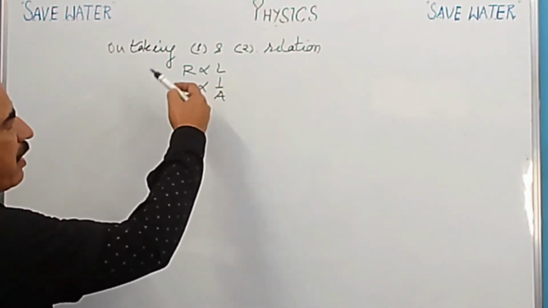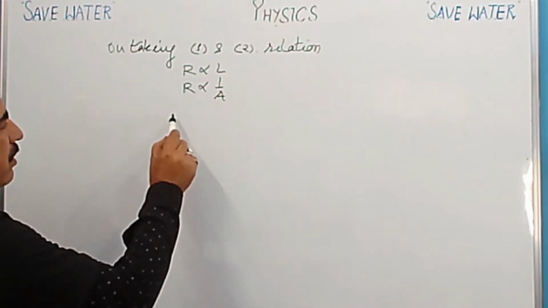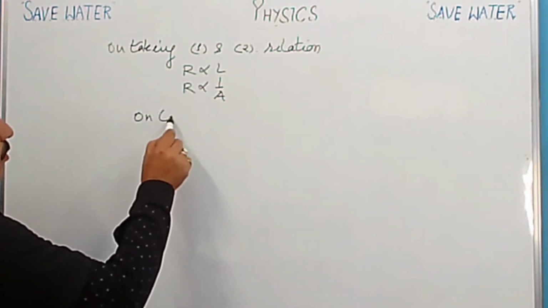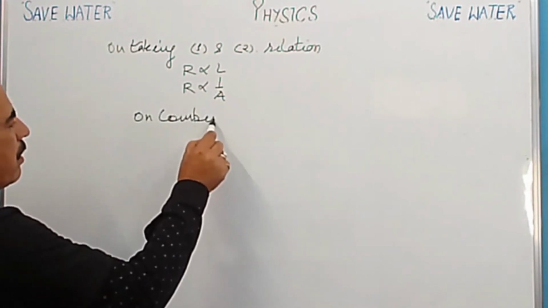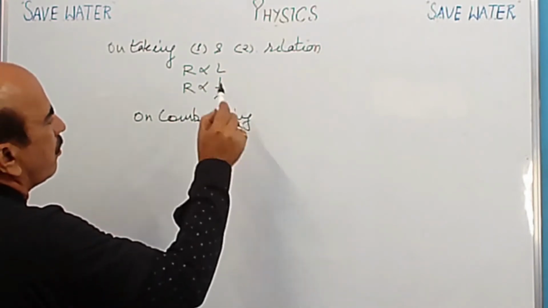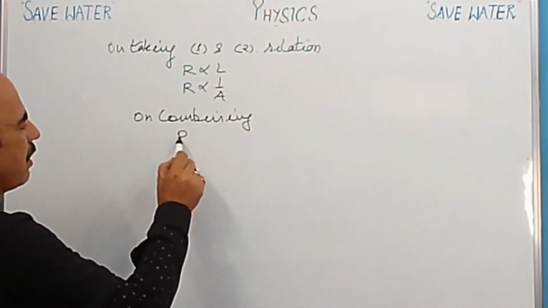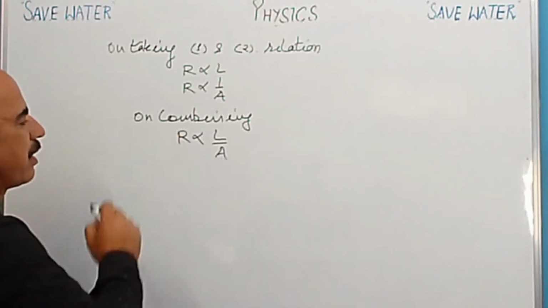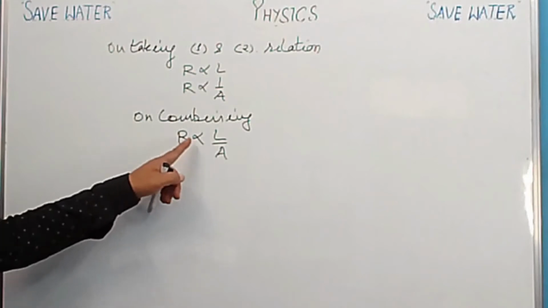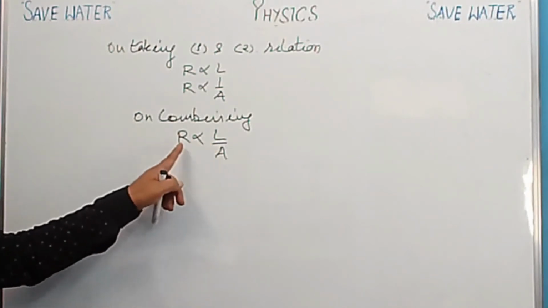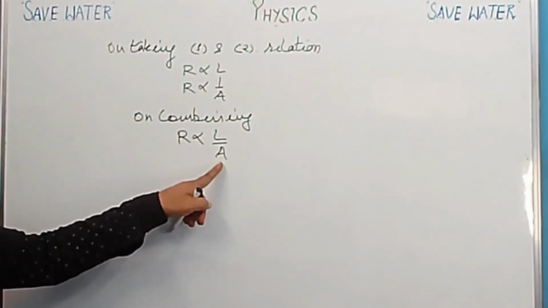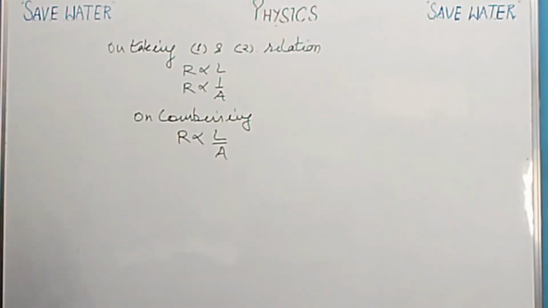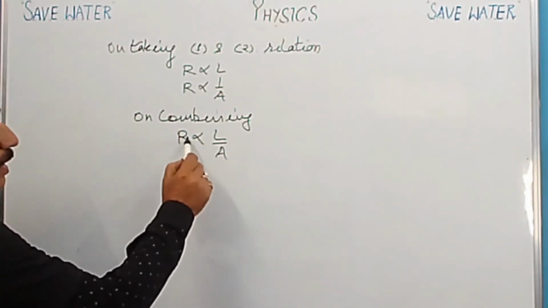When we combine these two, R is proportional to L upon A. Any problem here? R is directly proportional to L and R is inversely proportional to A. So here this means R means length.